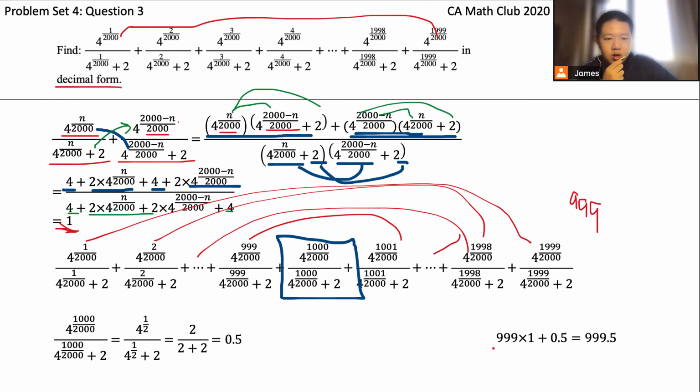So you have 999 times 1. And the term in the middle, 1000 over 2000, is alone there, and you also have to consider it because it's also in the sum. So we add another 0.5, and this gives you the final answer of 999.5.